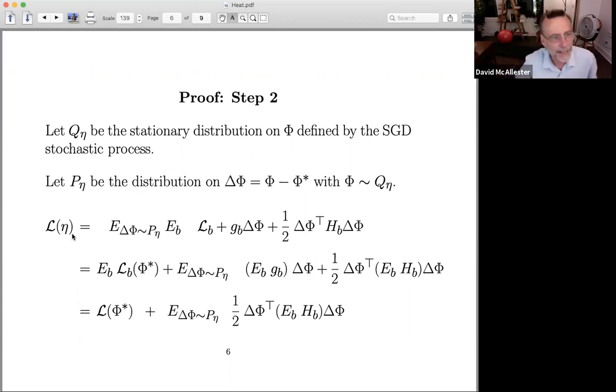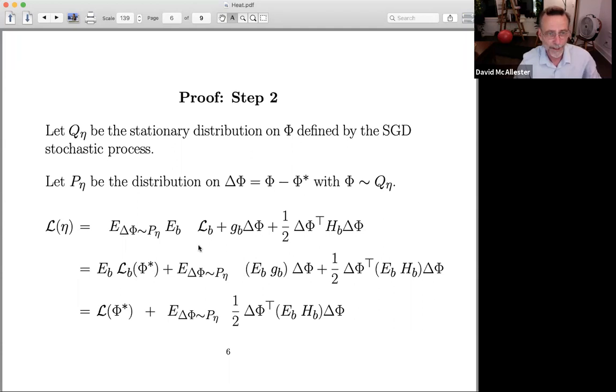And then I'm going to write the loss at a temperature or learning rate eta to be an average over drawing the delta phi from the stationary distribution we've reached, and the average over drawing a random training point of the loss of that training point at the optimum.